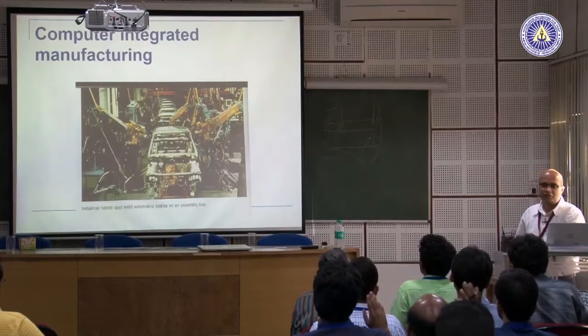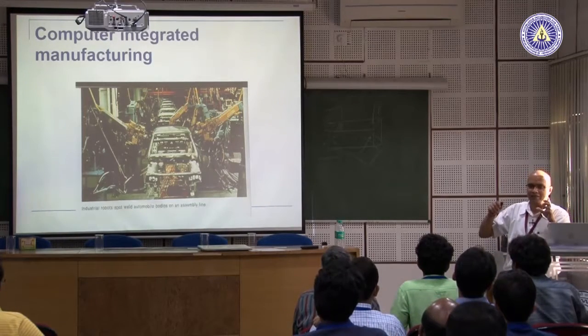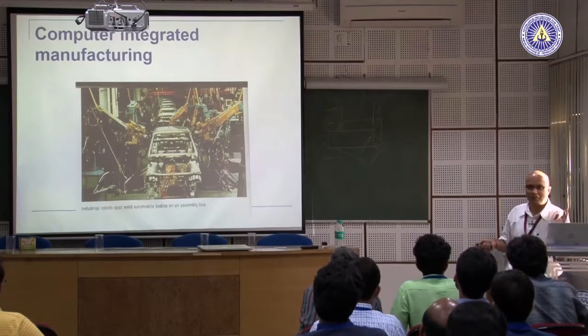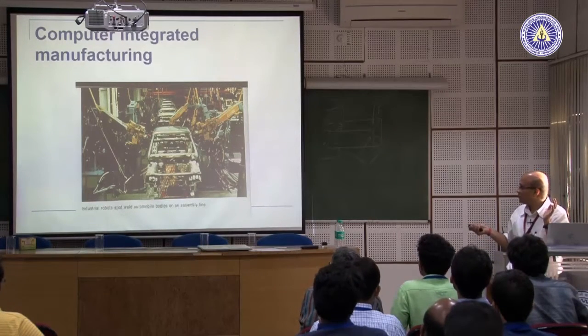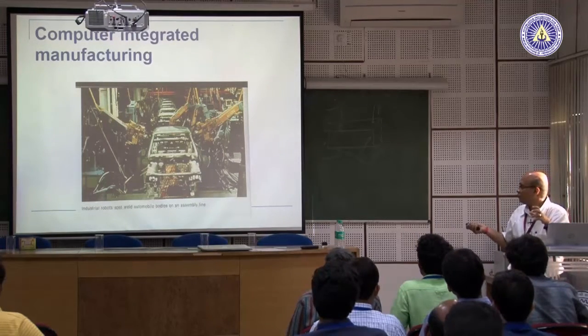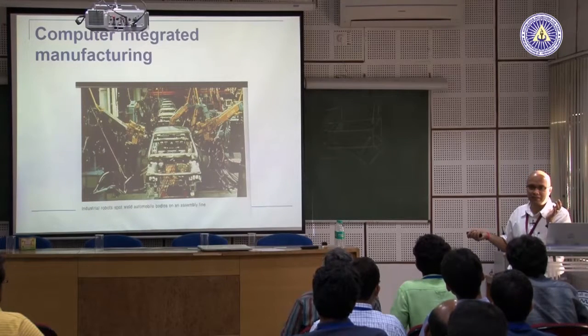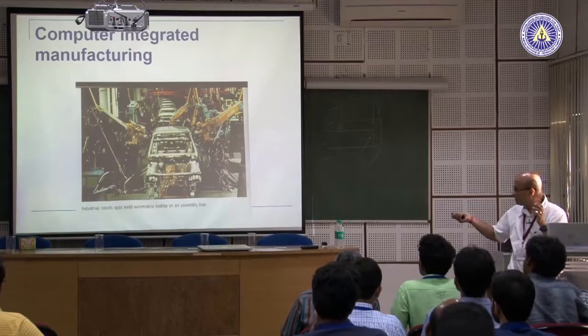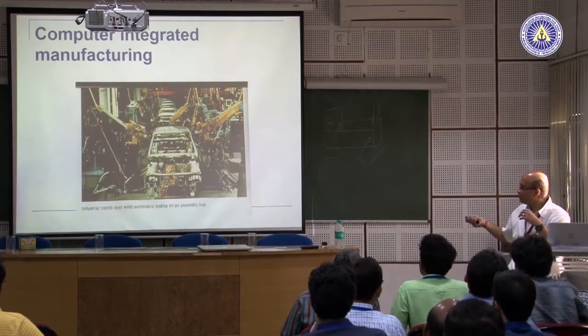You will find that in spot welding it is not one robot which is doing, there will be a number of robots which are working together. So, why is it complex? Because there are 4 or 5 of them and they work very fast. It can make up to 10 to 15 spot welds per minute, that speed. So, it is working very fast, it is going into very complex places, it can go inside, it can go under the car, and there are 4 or 5 robots which are working.